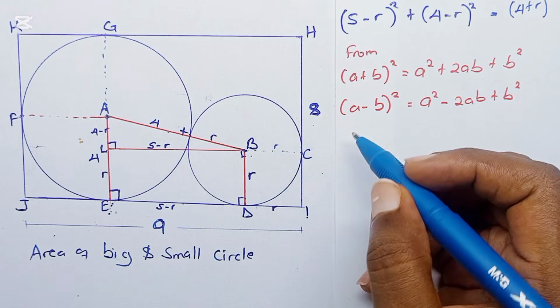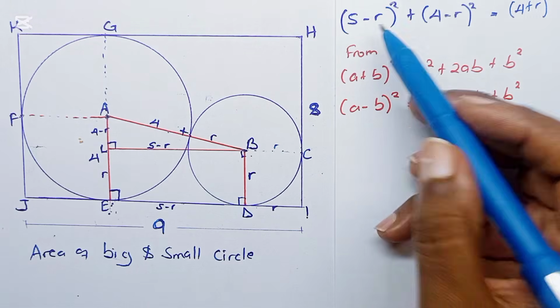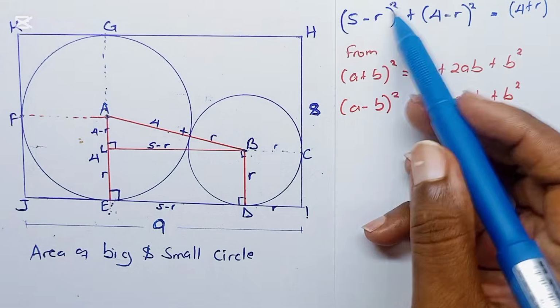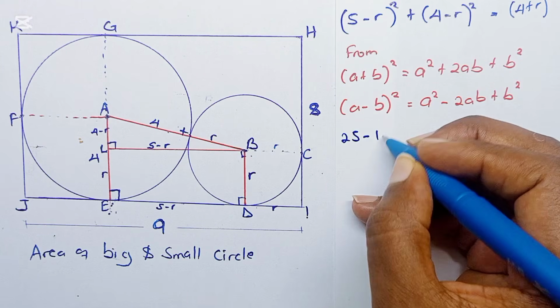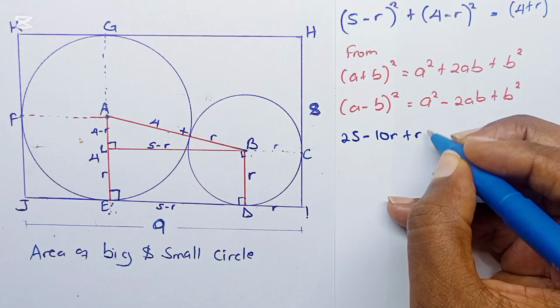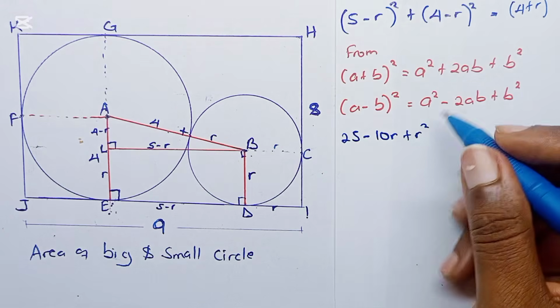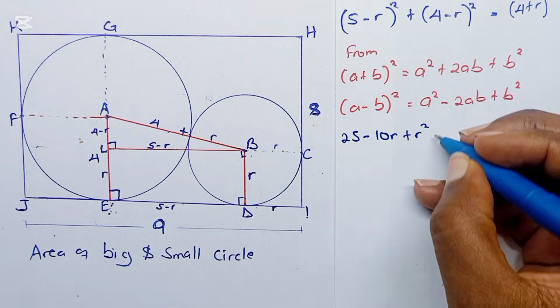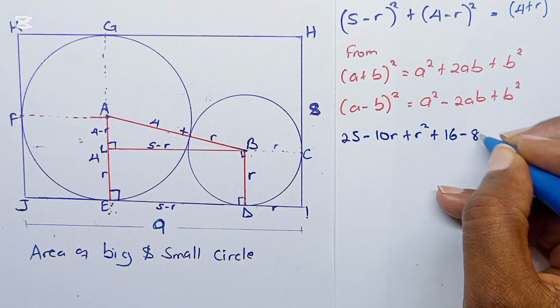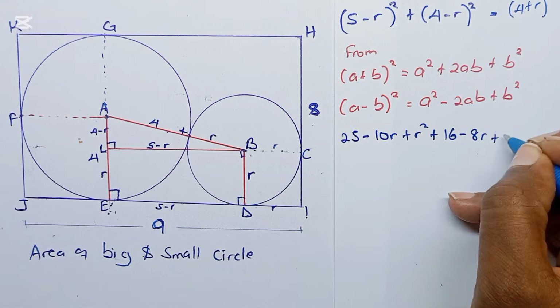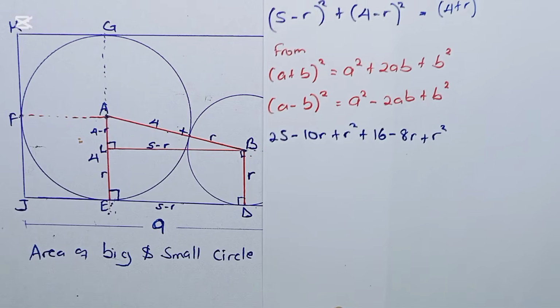Okay, so following this here will become 25 minus 10R plus R squared. Then this one here will be 16 minus 8R plus R squared.